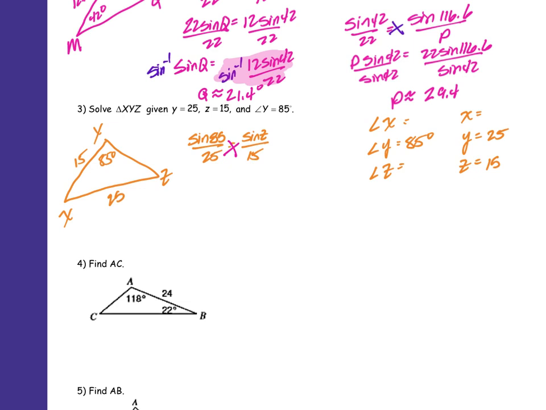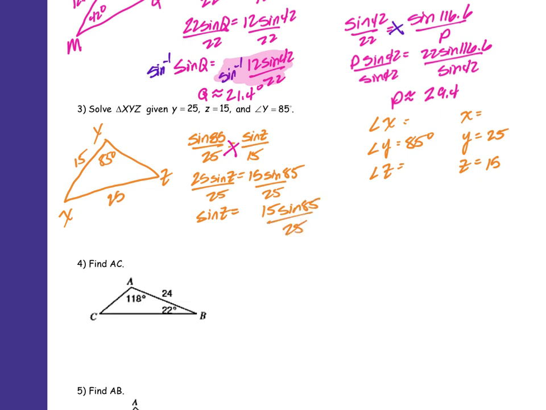I need to do 25 sine of Z equals 15 sine of 85. Divide by 25. So I've got sine of Z equals 15 sine of 85 divided by 25.